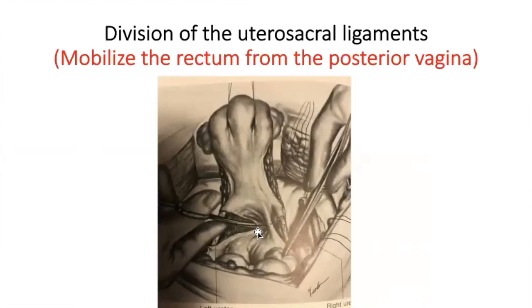And the first step is to incise the posterior cul-de-sac peritoneum. This peritoneum that reflects off of the back of the uterus onto the anterior wall of the rectum. This is usually done with scissors, sharply.